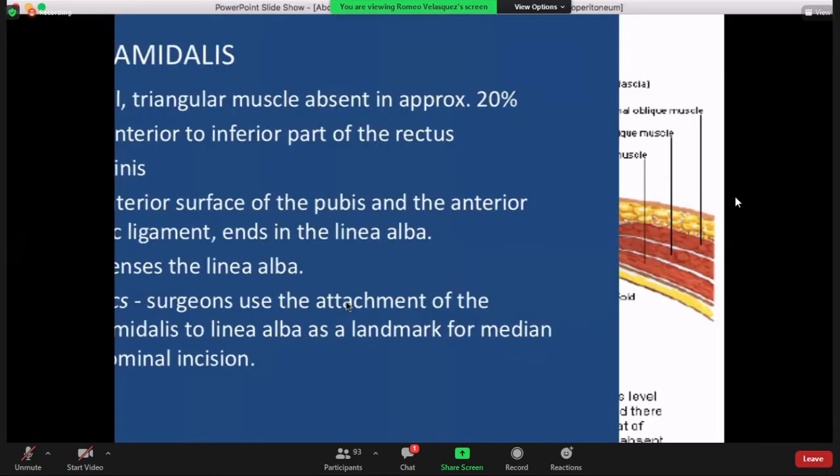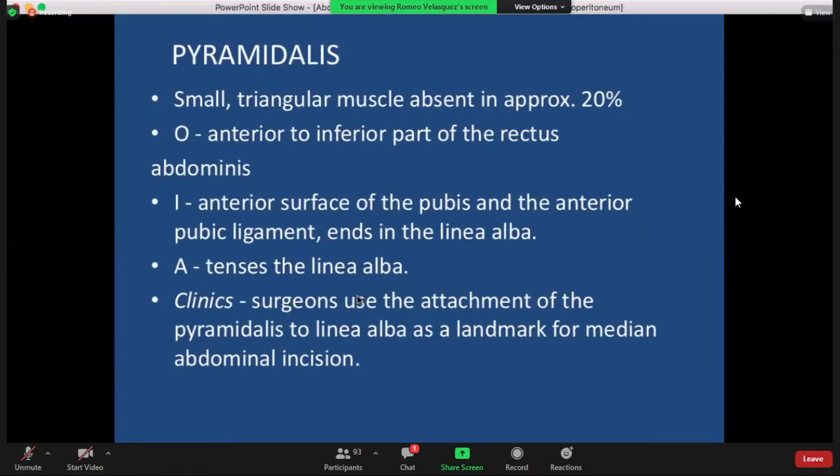Now the pyramidalis, this may or may not be present. Okay, so it's absent in approximately 20% of the population. That's the origin, anterior to the inferior part of the rectus abdominis. So it's more closely associated with the anterior surface of the pubis, anterior pubic ligament, and ends in the linea alba.